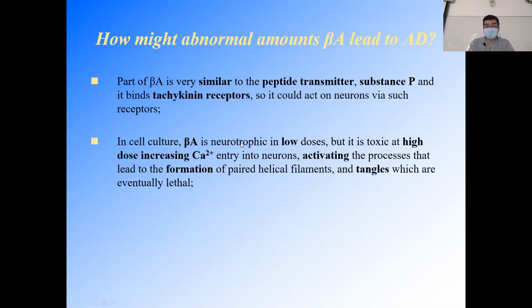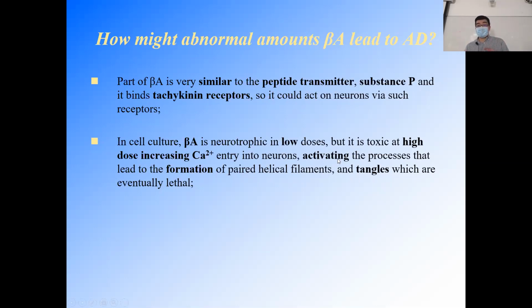So how might abnormal amounts of beta amyloid lead to Alzheimer's disease? It is that beta amyloid is very similar to the peptide transmitters. So are they also similar to peptide? It is still not known. In cell culture, beta amyloid is neurotrophic in low dose, but when it is high dose, then that becomes toxic.